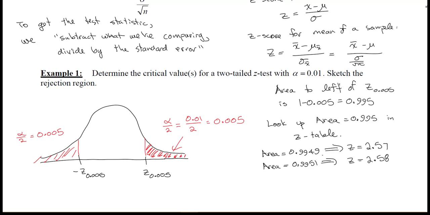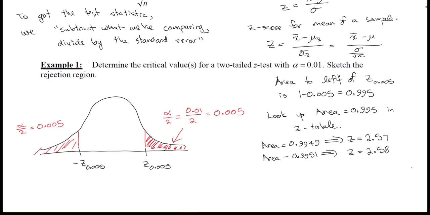Okay, so if the area that we wanted was real close to one of those and further away from the other, we could just pick the closest one. Since this one looks like it splits the difference in half as far as we can tell, we should just go in between. One way to split the difference is to add those two z-scores together and divide by 2, basically to average them.